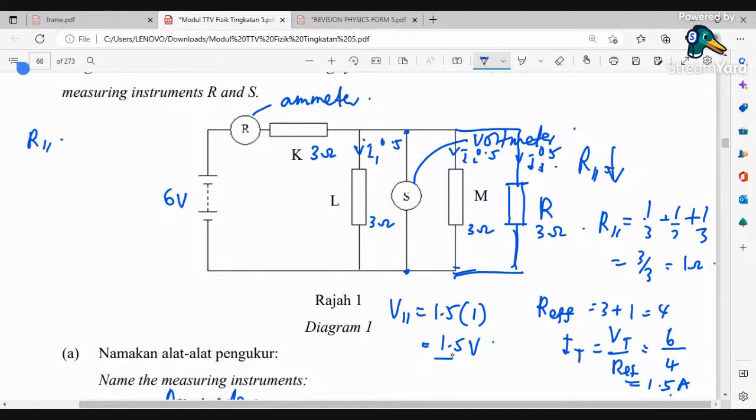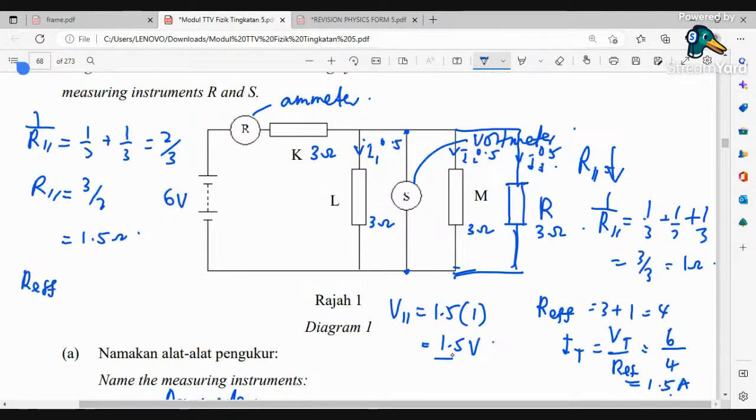Let's say we calculate without the third one here. So R effective will become 1/3 plus 1/3 is 2/3. So R effective is, sorry, this is 3/2, which is 1.5 ohm. Okay, so R effective for the whole circuit will be 1.5 plus 3, which is 4.5 ohm.